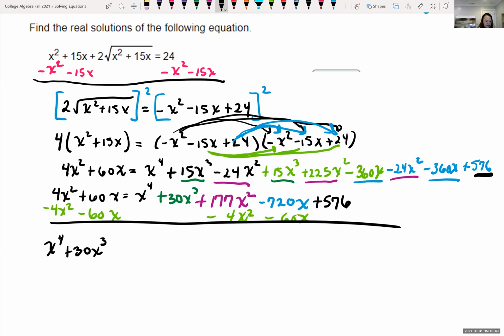So 177x squared minus 4x squared, that gives me a 173, so plus 173x squared. Negative 720x minus 60x, that's minus 780x. Plus 576 equals 0.